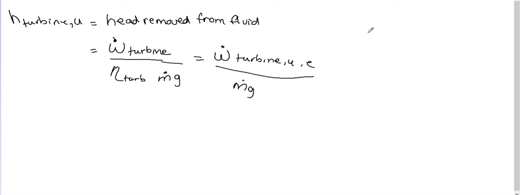And that's because the efficiency of a turbine is equal to the extracted useful power of the turbine divided by the power of the turbine, sub E or sub U.